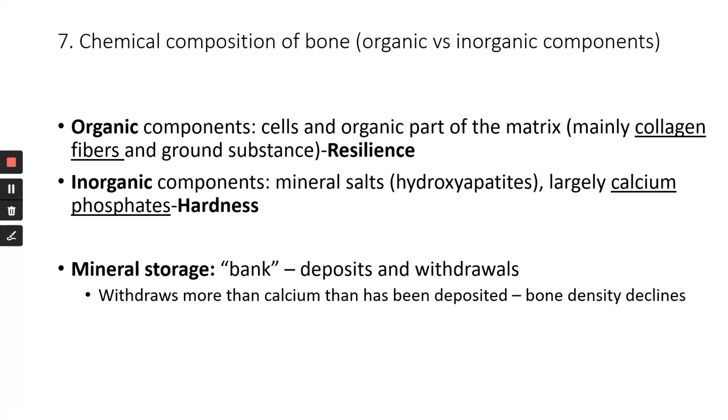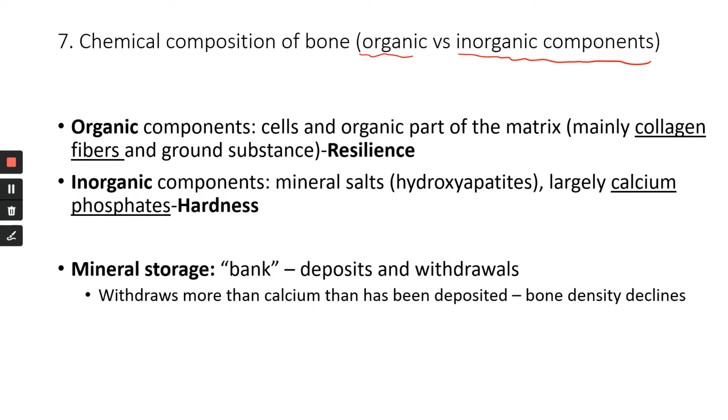All right, next is the chemical composition of bone. So we are going to look at a comparison between organic and inorganic components. Now they are very different. They serve different purposes in terms of bone tissue. So the organic components include the cells, right, and some other organic parts of the matrix.